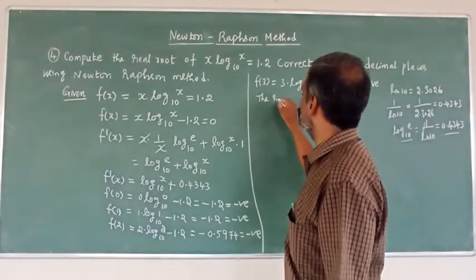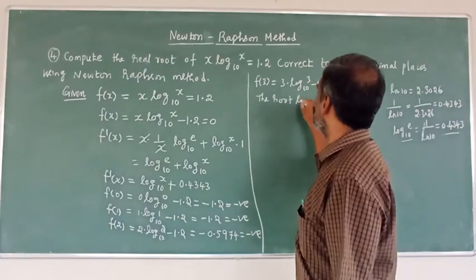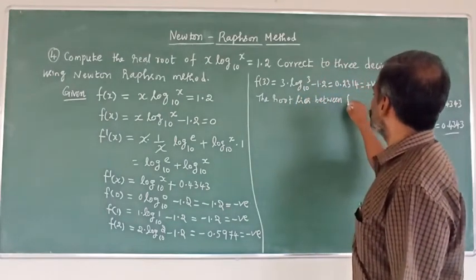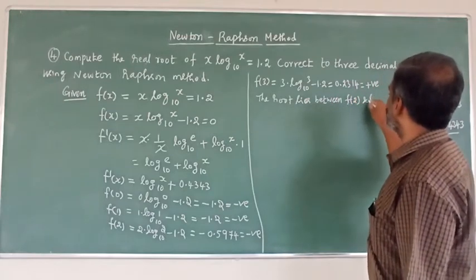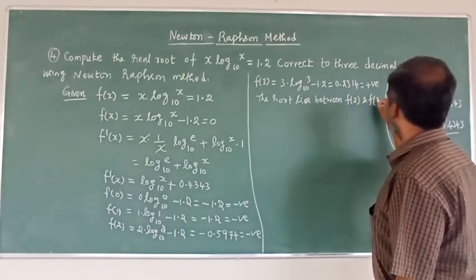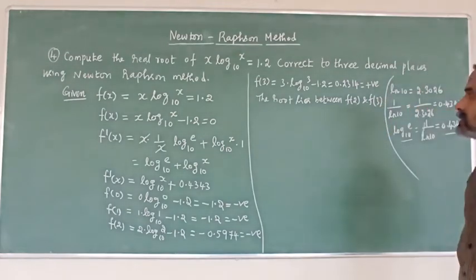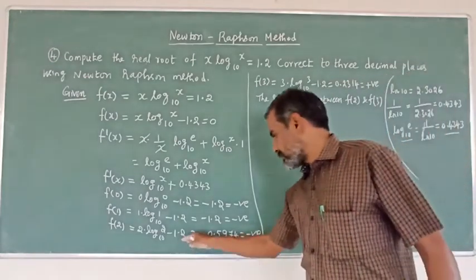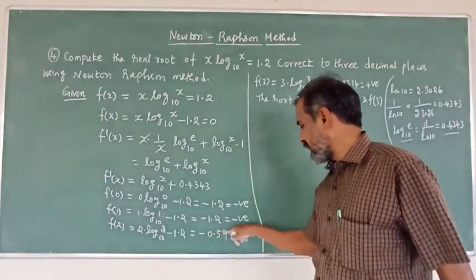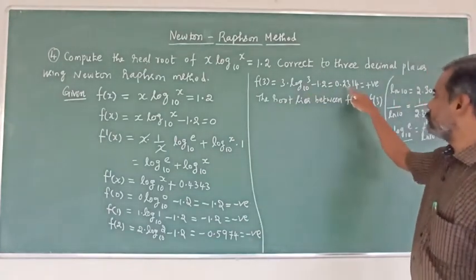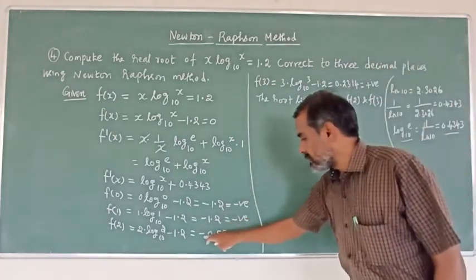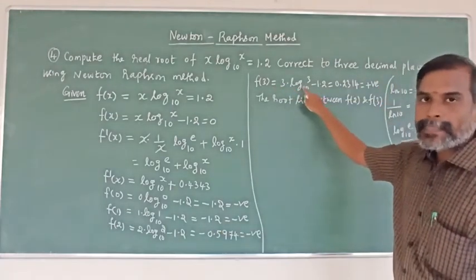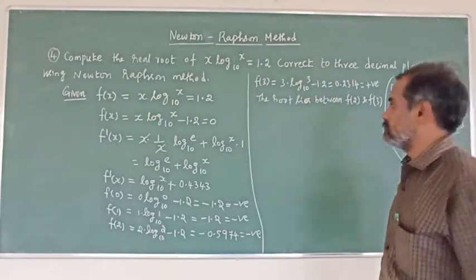So the root lies between f(2) and f(3). Now to find the x₀ value. f(2) is minus 0.59, and f(3) is a positive value. Now to find the negative value very close to the positive value.